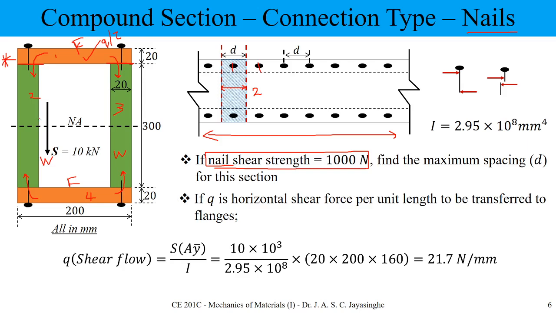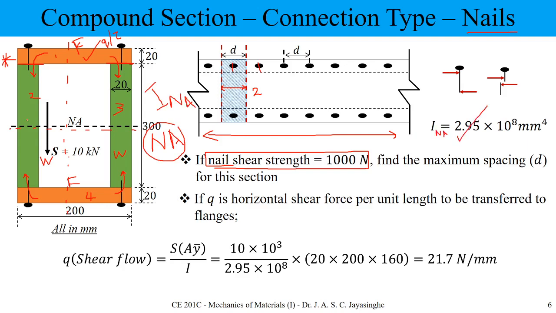This is a symmetric system, so directly you can find the neutral axis without trouble. If you know the neutral axis, it is straightforward to find I.